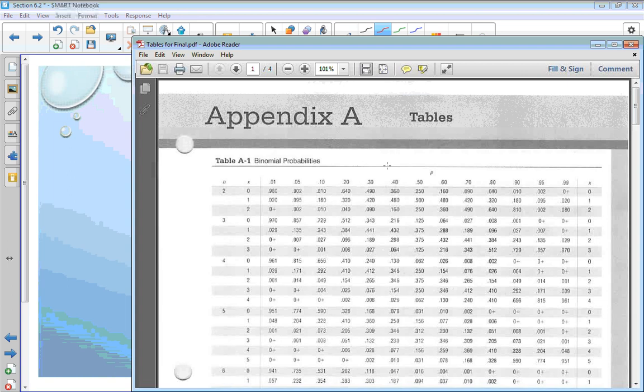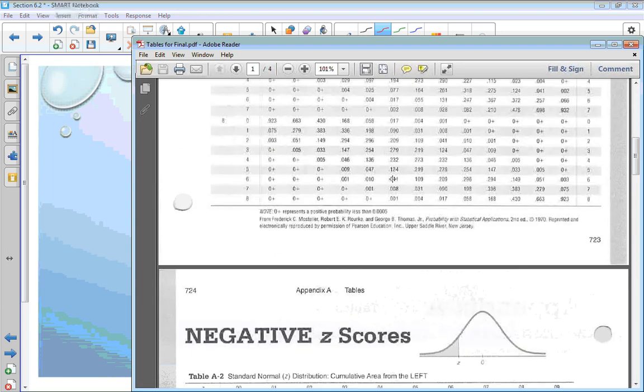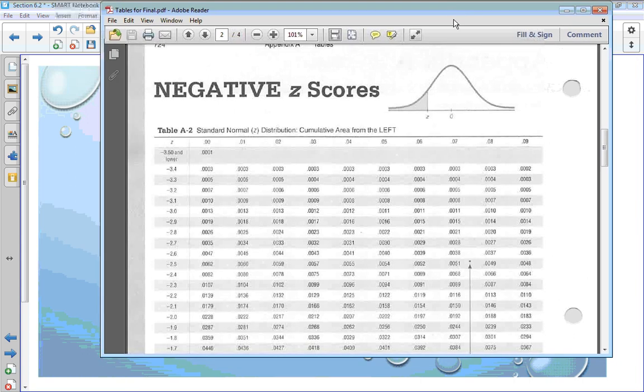We're not doing binomial at this point. We are looking at z-scores. I just want to go over how quickly to read these z-scores. Here's our z. These are the negative z-scores.